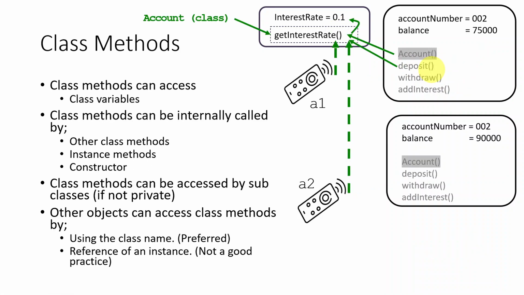Finally, we have the class methods. Your class methods have access to the class variables. They don't have access to the instance variables, so they can't call instance methods or constructors or anything like that. Again, the preferred way of calling the class methods is by the class name. The alternative approach is that you can call your class methods by object references.